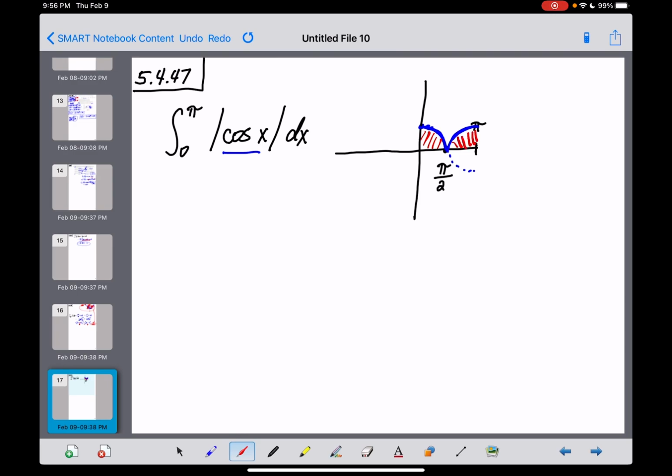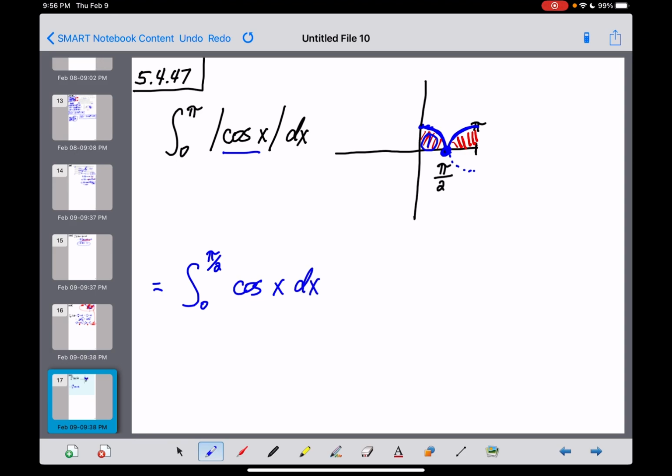Now, let's talk about what we're doing with this. This integral can be split up. My first region, I'll call this region number 1, starts at 0 and ends at pi over 2. And that is the function cosine of x taken with respect to x.